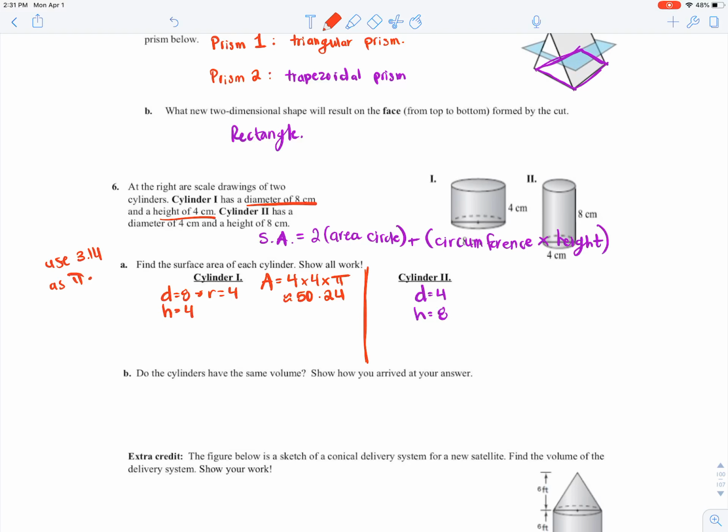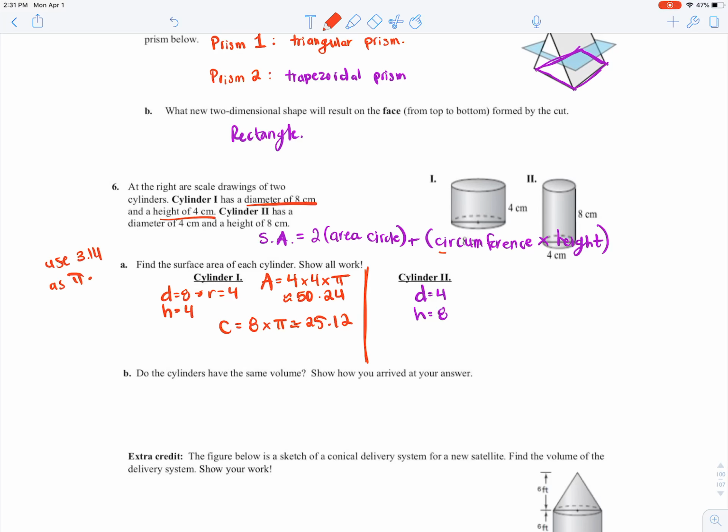Next, I need to find the circumference of my circle. The circumference is just my diameter times pi. So I need 8 times 3.14, and that is approximately 25.12. Okay, but don't stop there.